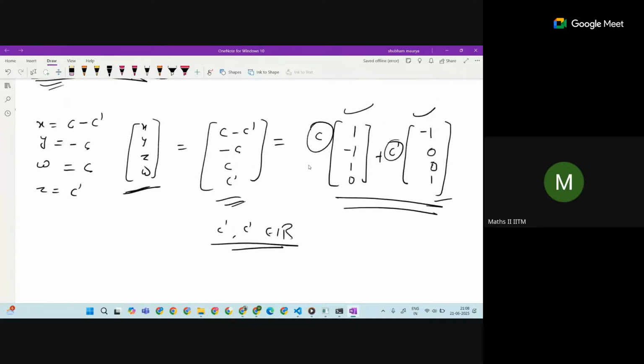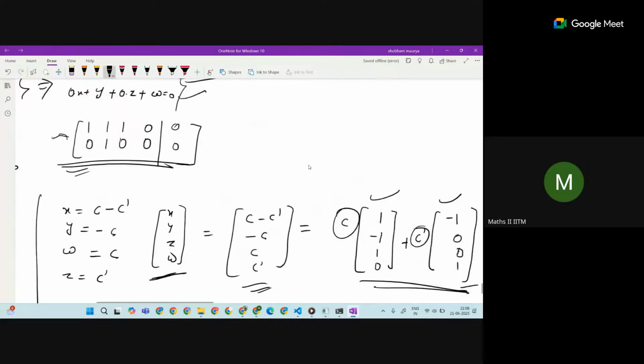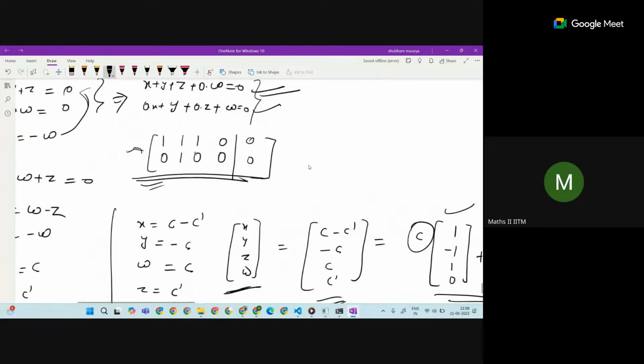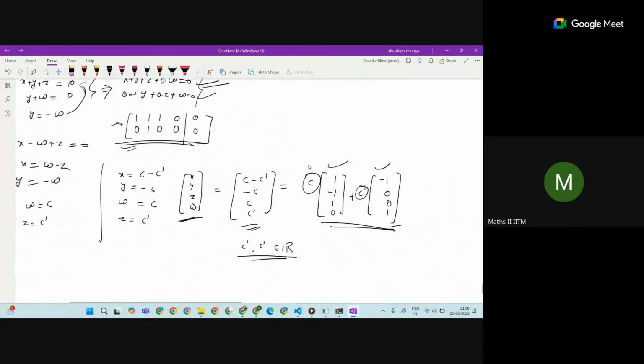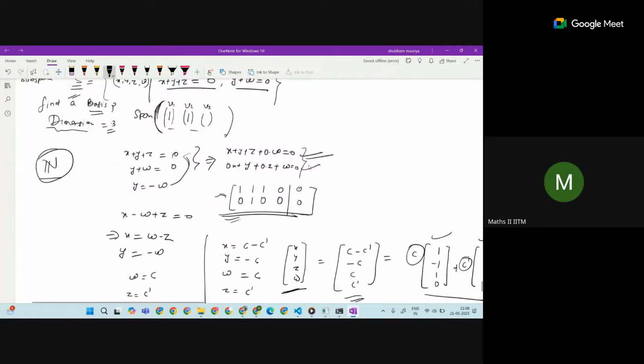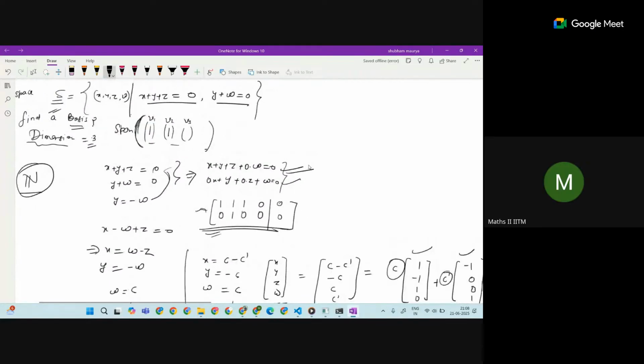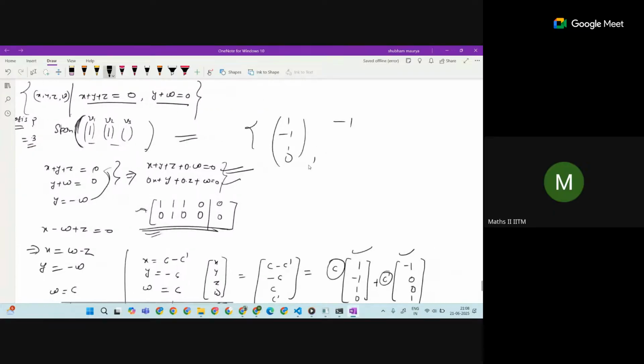So your solutions are linear combinations of these two vectors, and that is what we want. Your whole vector space is generated by only these two vectors. So the basis elements are these ones only.